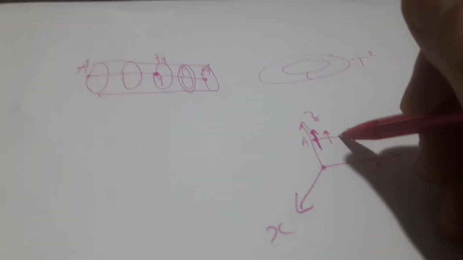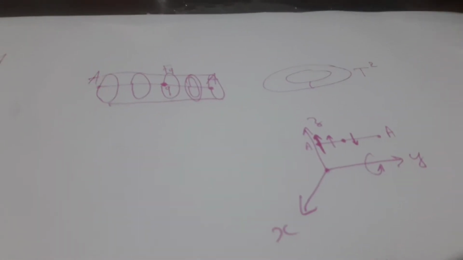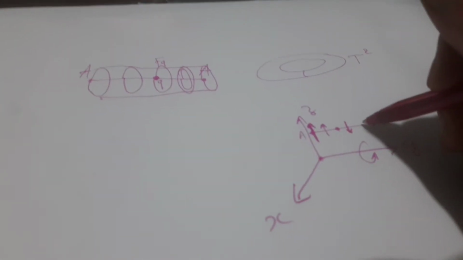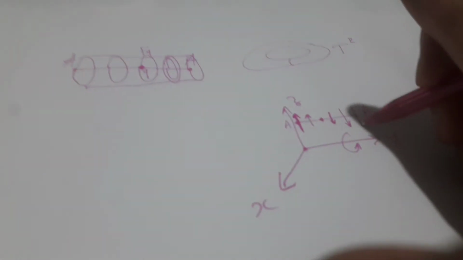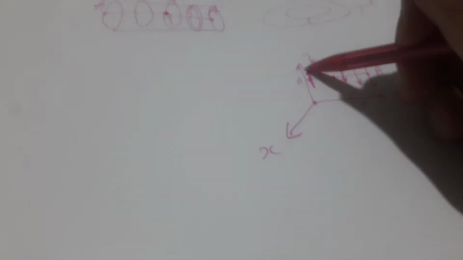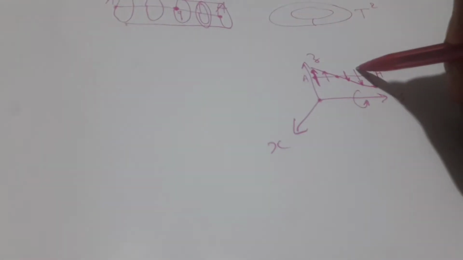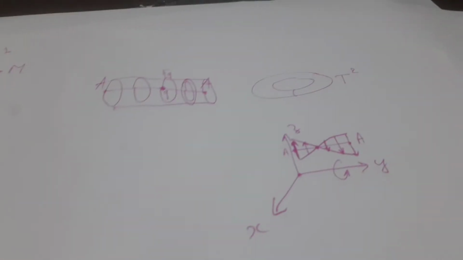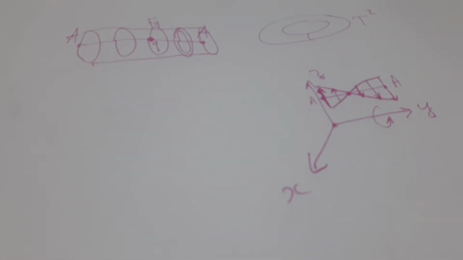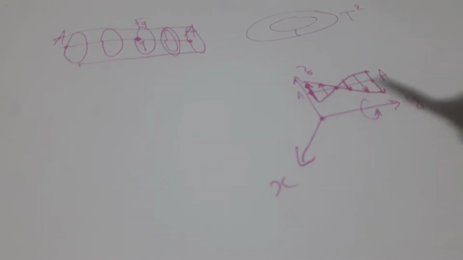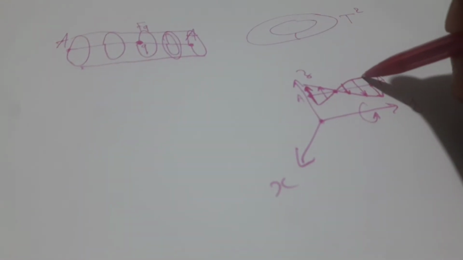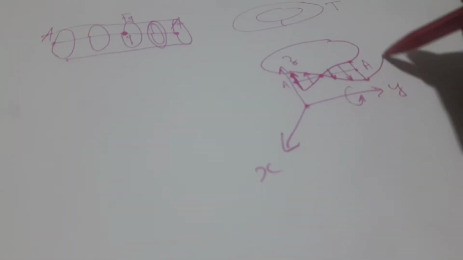For example, this line is perpendicular to the plane YZ, that's why I put only a point. After I collect all of these fibers and join the ends, I will get the Mobius strip. It's clear here, the Mobius strip. So you can see the intersection in the middle.